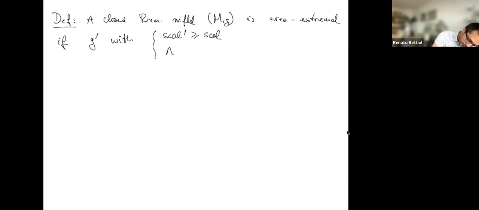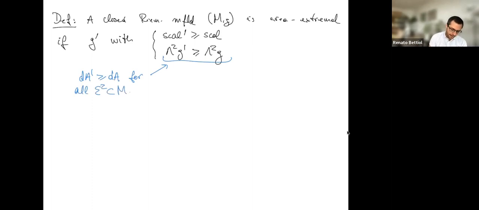So the way to write that is wedge 2 g' bigger or equal than wedge 2 g. So in some sense, this means that dA' is bigger or equal than dA along all two-dimensional surfaces inside our manifold. Then, under those conditions, equality must hold in this inequality here. So then scalar curvature prime is actually equal to scalar curvature. So that's the way to generalize this notion of area extremality.